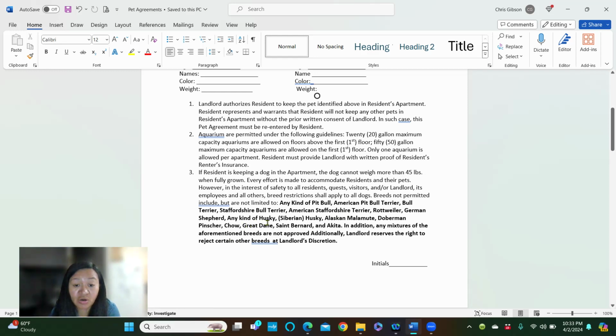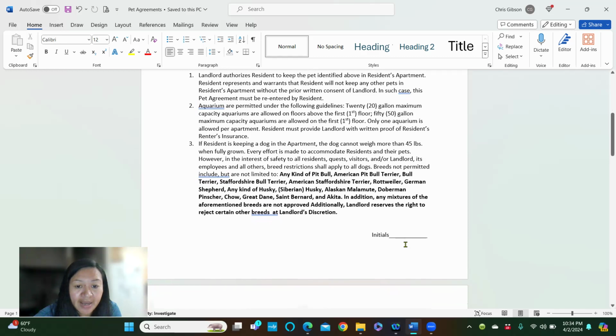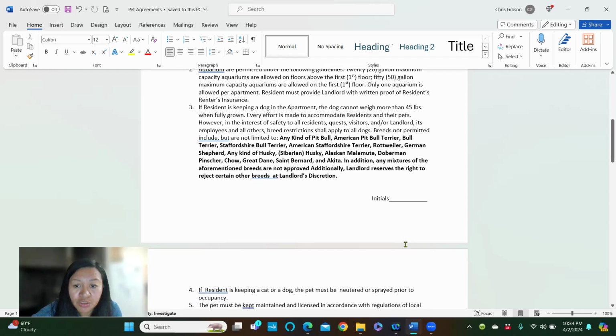Also any kind of Husky, Siberian Husky, Alaskan, Great Dane, Saint Bernard, and Akita. Any mixture of the aforementioned breeds is not approved. Additionally, the landlord reserves the right to reject other breeds at the landlord's discretion. Those are the restrictions on dog breeds.